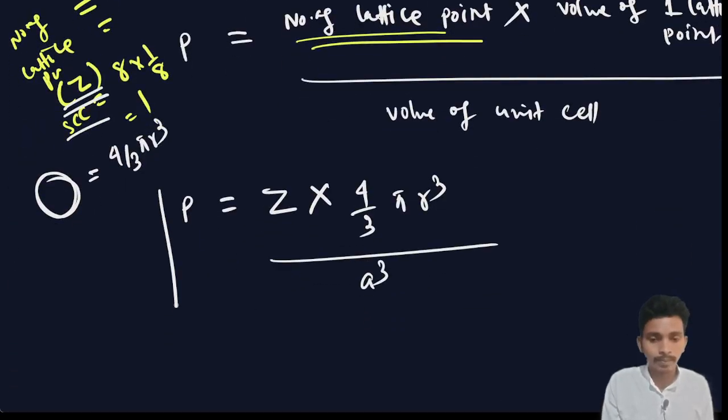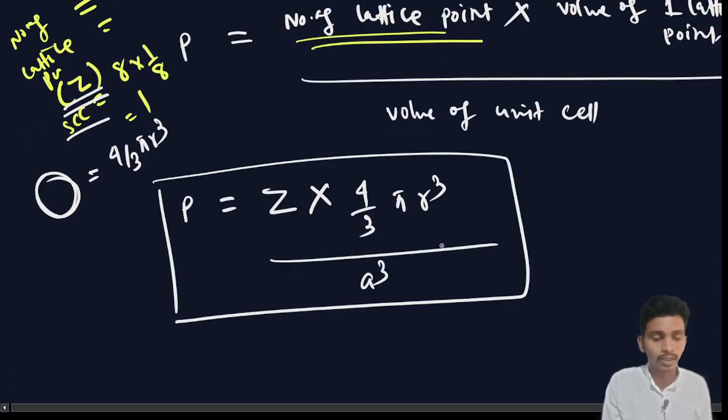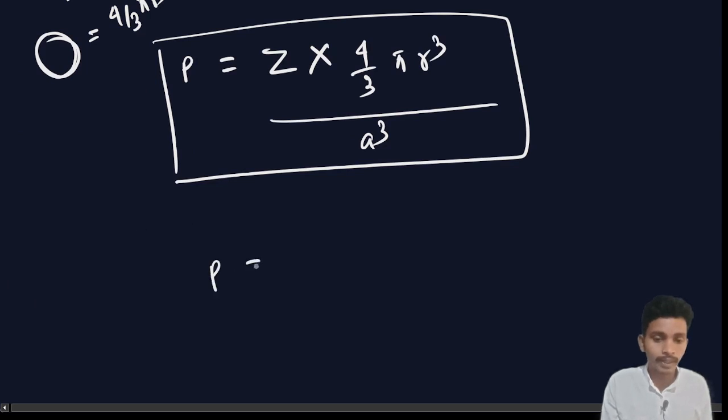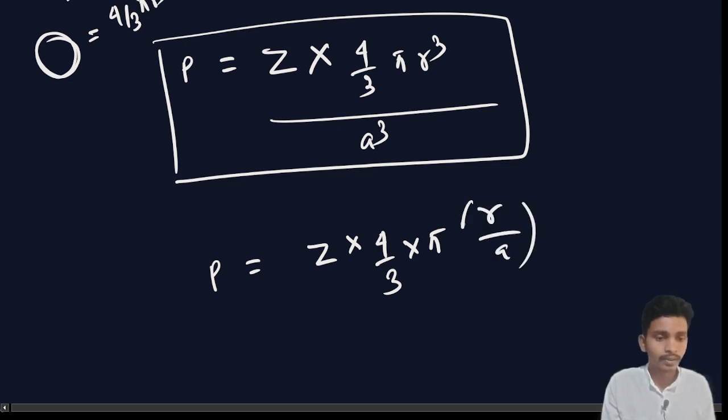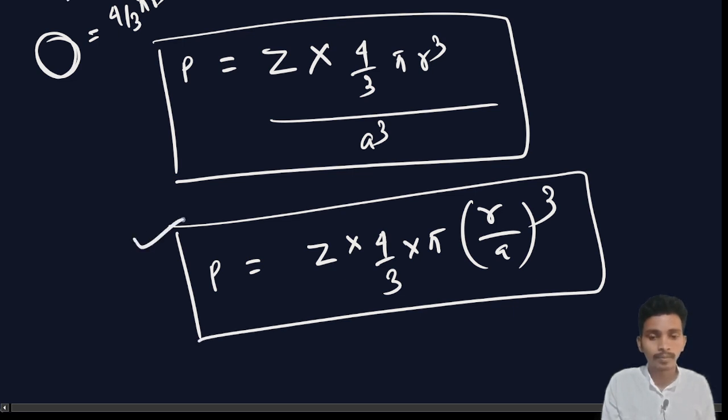So to calculate the packing fraction, if we simplify, we get Z into 4 upon 3 into pi into r upon a, whole cube. This is the simplified form of calculating the packing fraction.